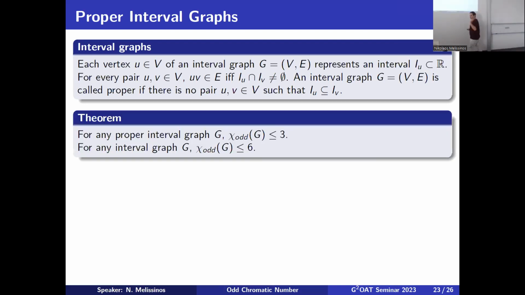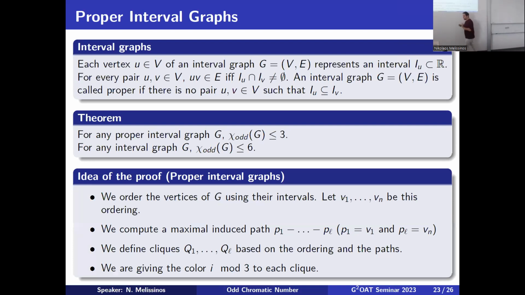Okay, so we managed to show that proper interval graphs need at most 3 colors, while the interval graphs need at most 6. And the idea, at least for the proper interval graphs, which is easier to explain, is that you just need to define a huge path.